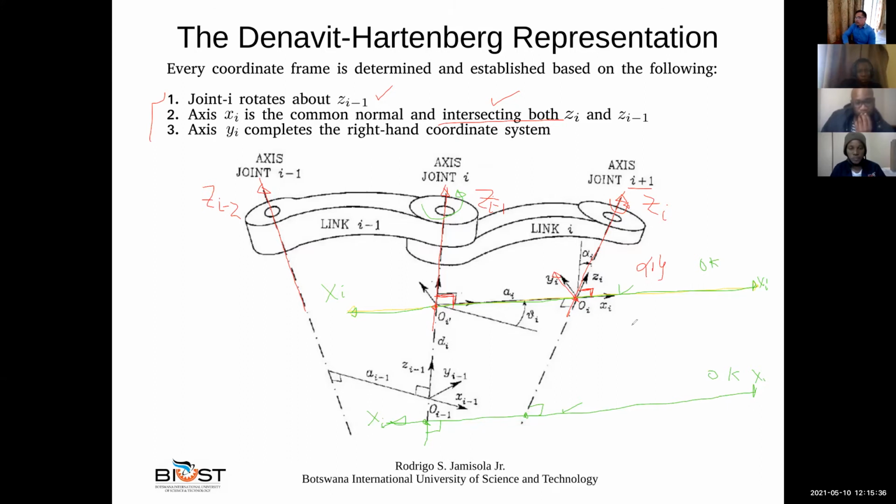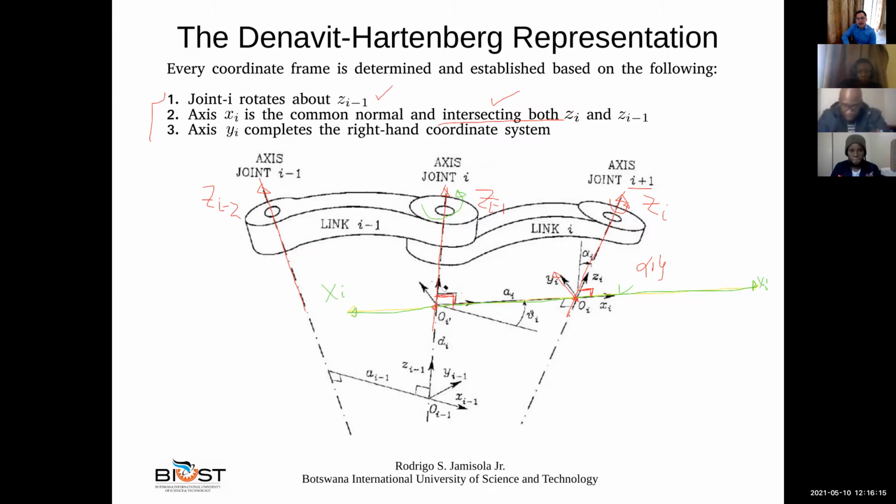Okay, now let's go back to the one where I made a mistake before. So now we say that this is a joint. Let me remove this. So now, instead of defining this, we define frame I. Now we want to define frame I minus 1.